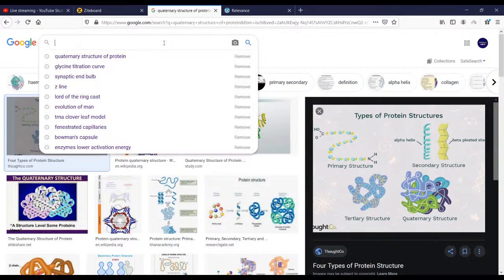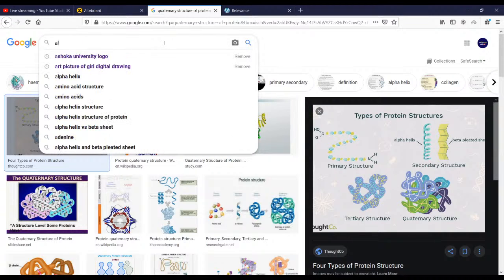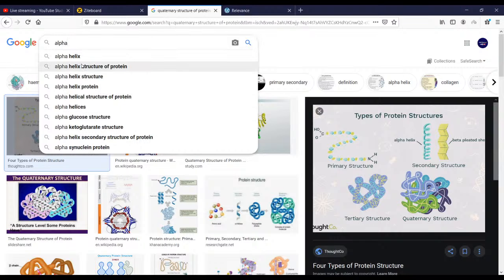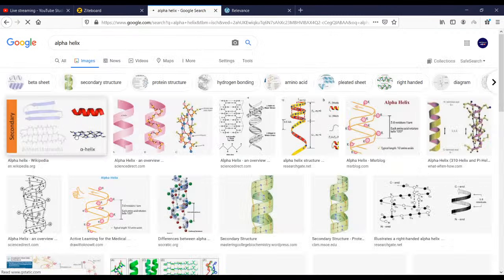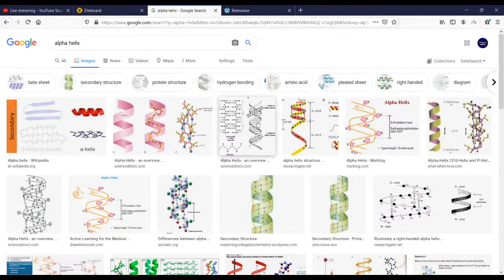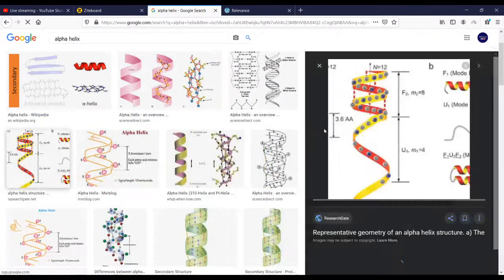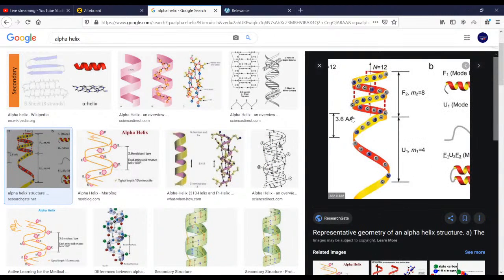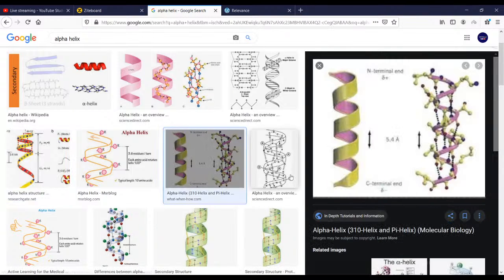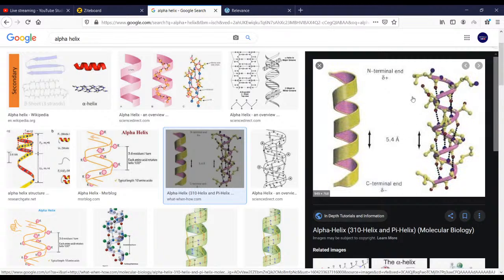Alpha helix. It is like this. You can see here. This is what it looks like. Alpha helix looks like this also. Okay. So these are the diagrams of various alpha helices.